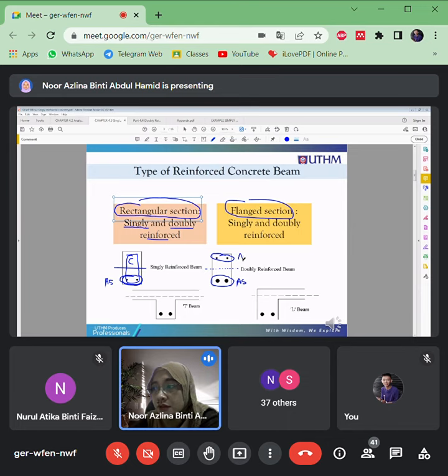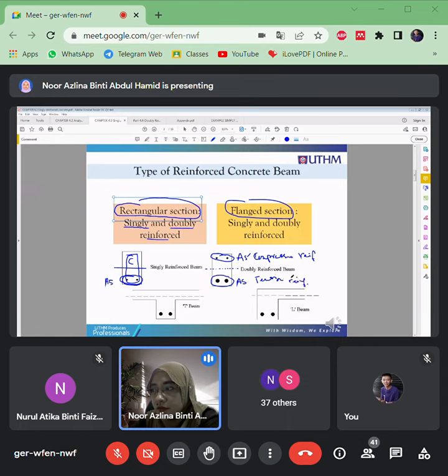So this we label as AS prime, which represents the compression reinforcement. Compression reinforcement. This is tension reinforcement.